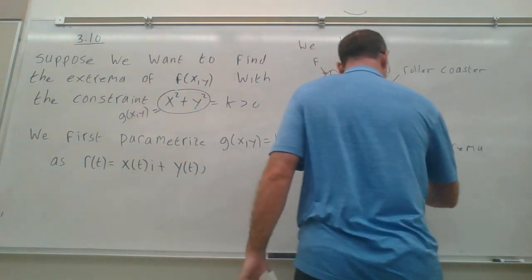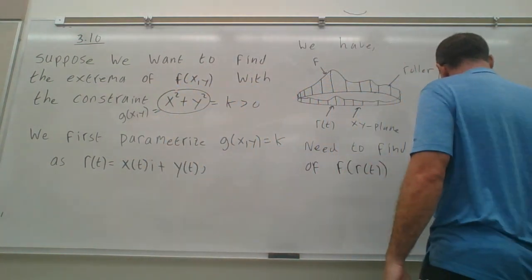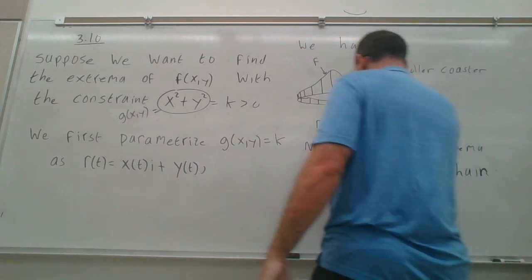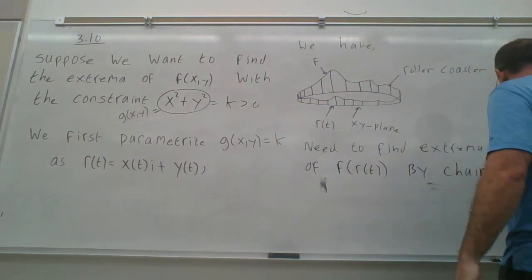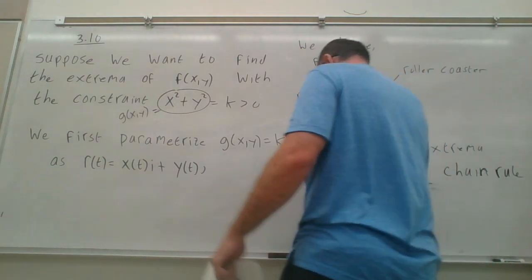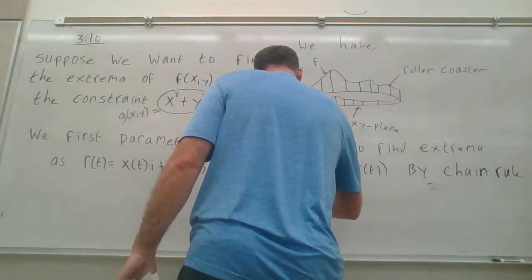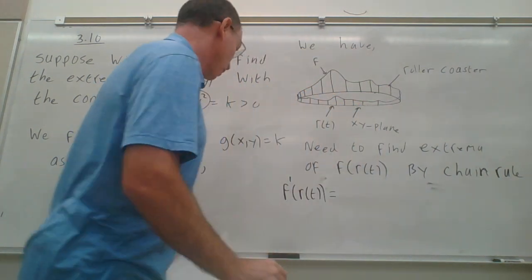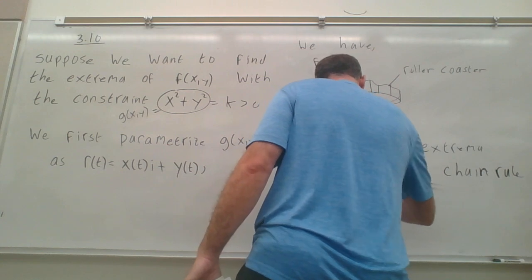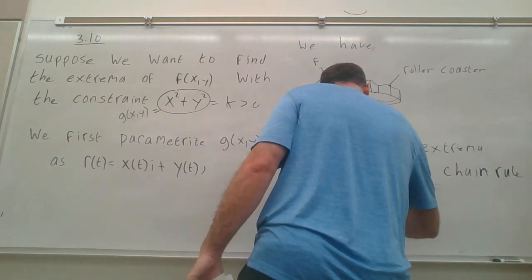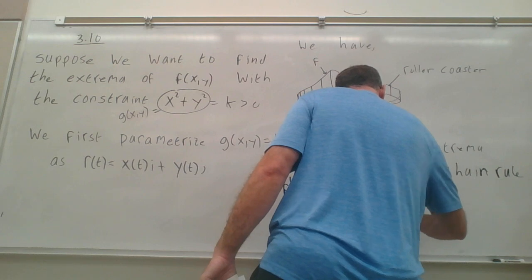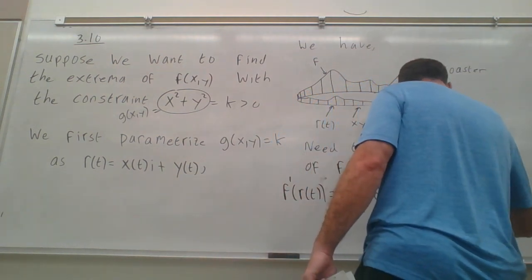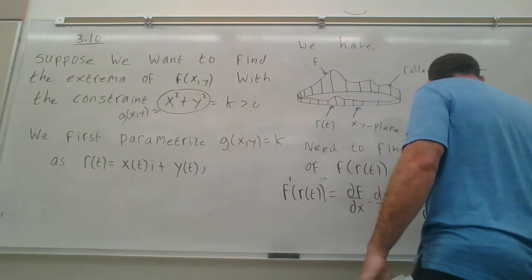So by the chain rule, we have the derivative of f of r(t). Using theorem 10, it's the partial derivative of f with respect to x times dx/dt plus the partial derivative with respect to y times dy/dt.